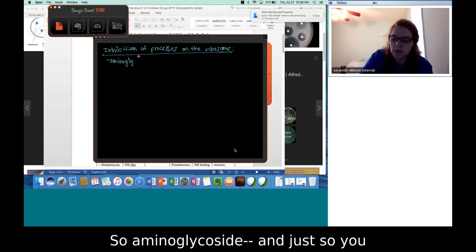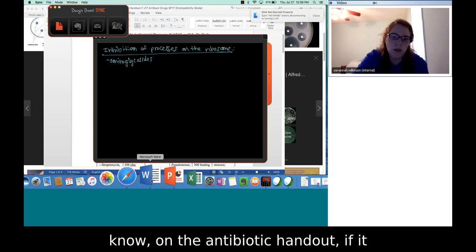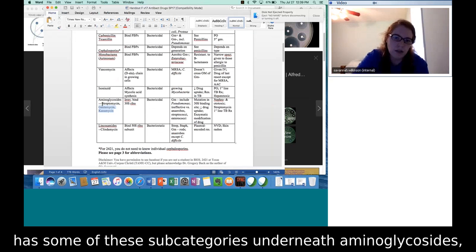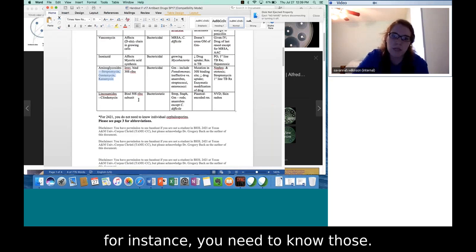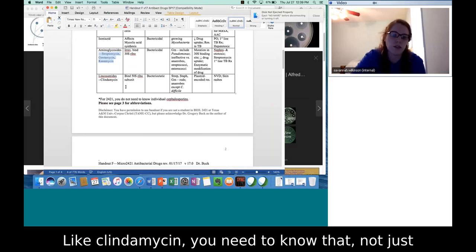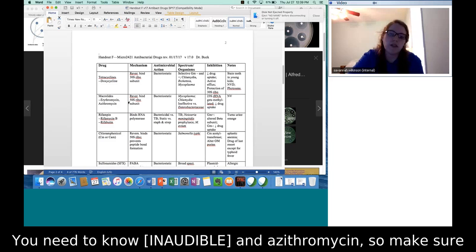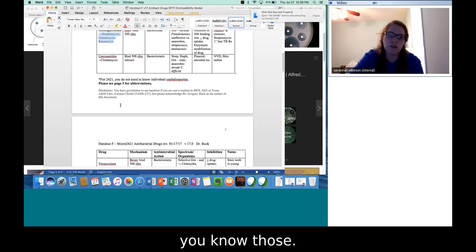Aminoglycosides, and just so you know, on the antibiotic handout, if it has some subcategories underneath aminoglycosides, for instance, please know those, like clindamycin, not just lincosamides. Same thing with macrolides, you know erythromycin and azithromycin, so make sure you know those.